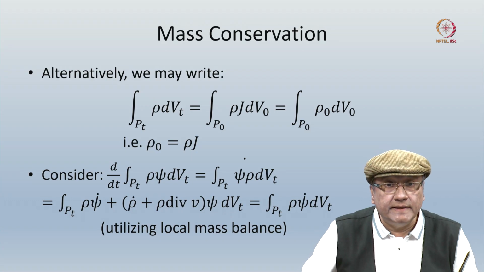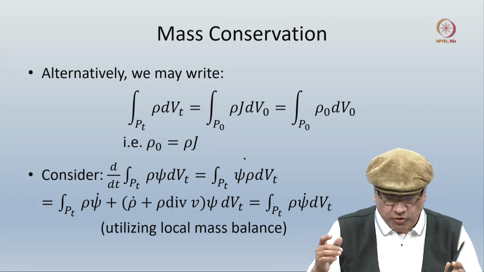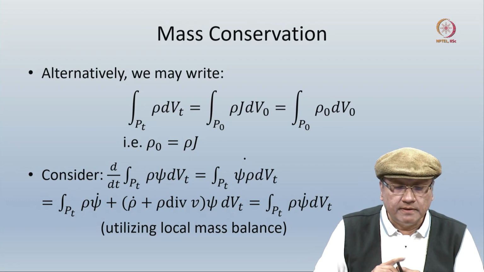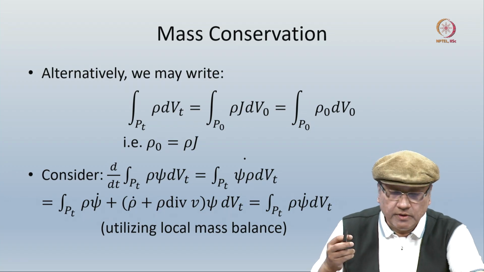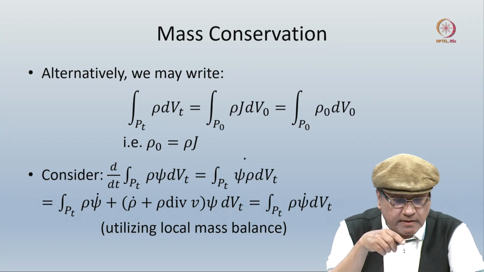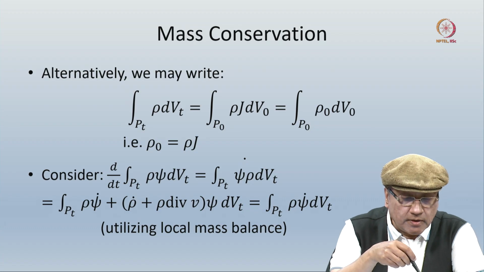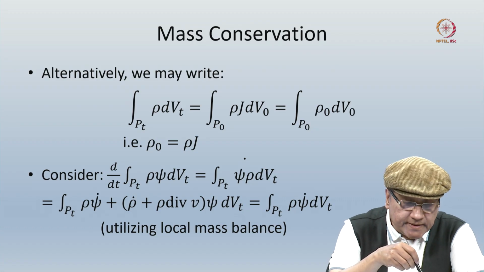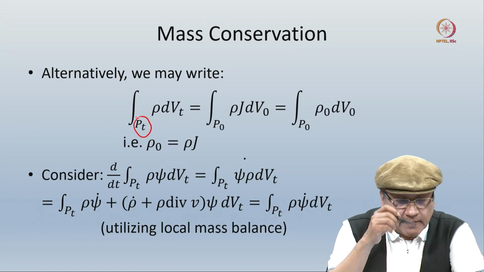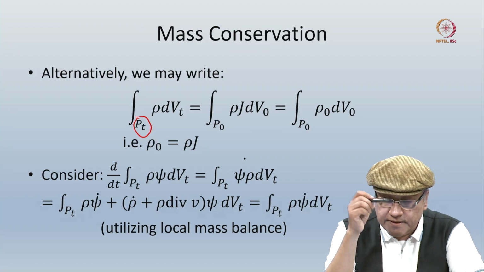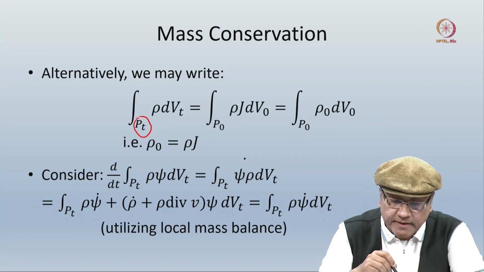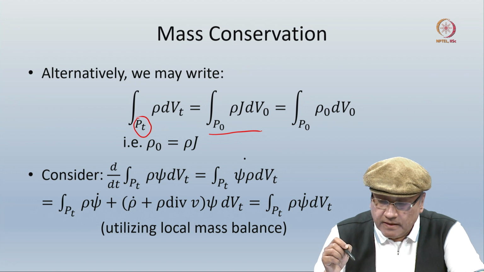Now let us continue to talk about this mass conservation. You can write this integral, the total mass enclosed by the subset Pt, as integral rho dvt, and that can be written in the material form.